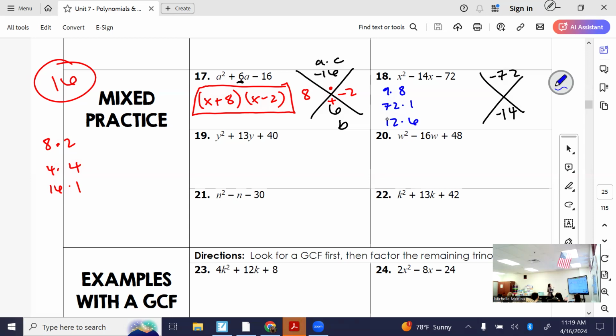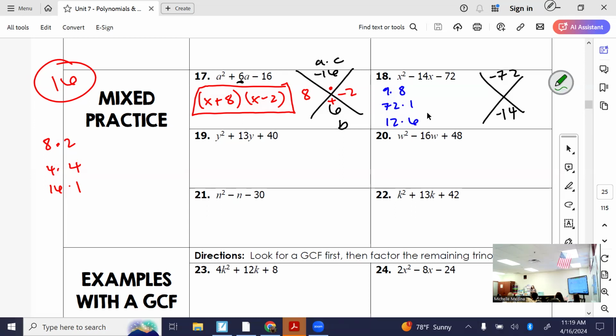Is there any way I can play around with the negative to make it equal -14? Okay, so not that one either, unfortunately. I did 72 divided by 2, but that definitely won't work, 36 and 2. Yeah, it has to add to -14. So it has to do multiple things.